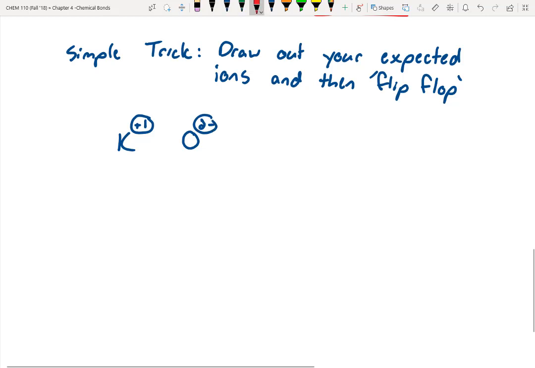So what you can do is say, all right, I'm going to take this number, move it down to be the subscript here. And then this number, I'm going to move to this subscript. And so we'd say K2O1. However, like I said, you don't need a subscript 1 really ever. It's implied if you don't have it. So you can just really easily flip these charges and determine the overall molecular formula.